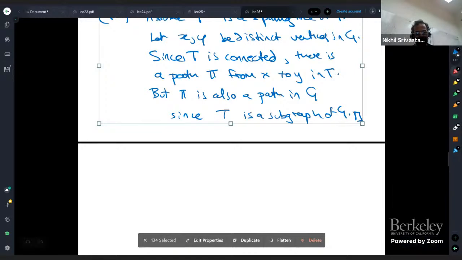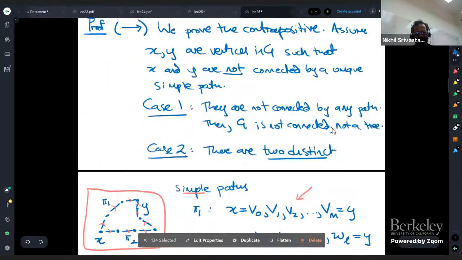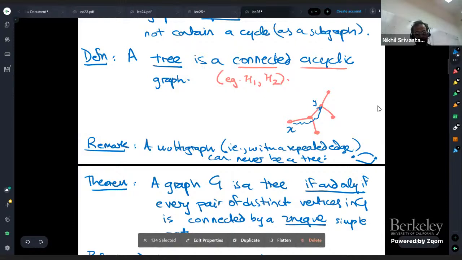So if you try to draw some trees, you'll notice that they always have at least one vertex of degree 1. You can never draw a tree where all the vertices have degree bigger than 1.